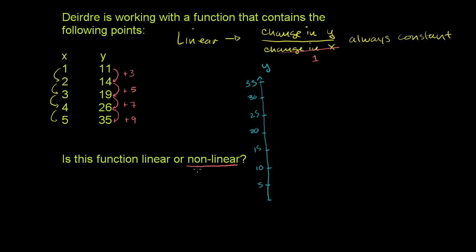And then our x values go 1 through 5. So I'll do it on this axis right here. They're not obviously at the exact same scale. So I'll do 1, 2, 3, 4, and 5.